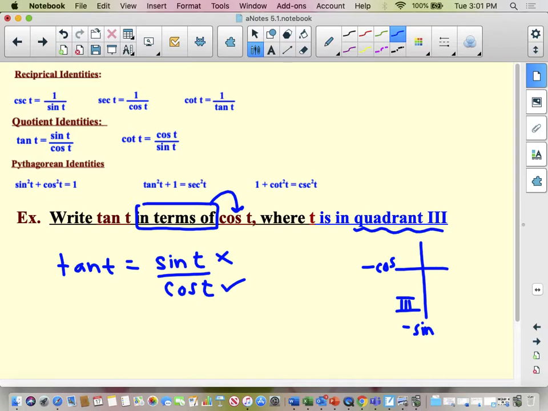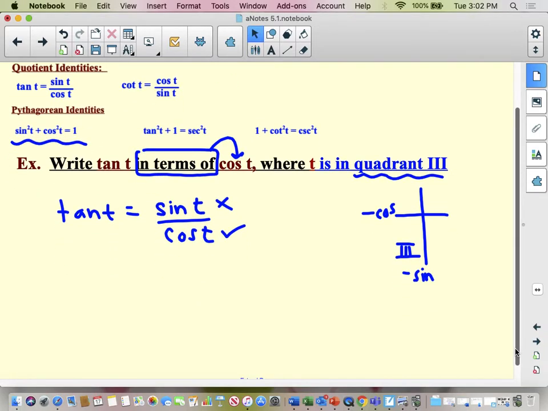Okay, so now I need to go up to my tools above and find a trig identity that I could rewrite in terms of cosine. So if you look at all of these, the only ones that connect sine and cosine and nothing else is this Pythagorean identity. It has sine and cosine and 1. 1 is totally fine. Okay, like you can have numbers. I should probably clarify that. So, I'm just going to erase these so it's not confusing.